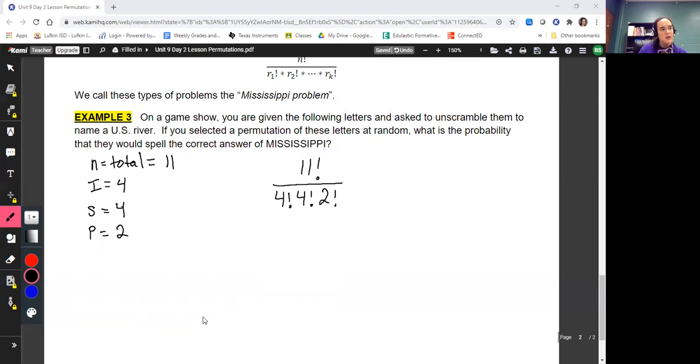And we get 34,650. And that's the number of different possible ways we can spell the word Mississippi, or arrange the letters in the word Mississippi.